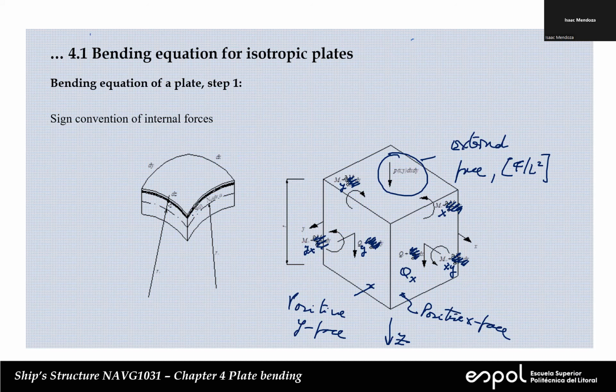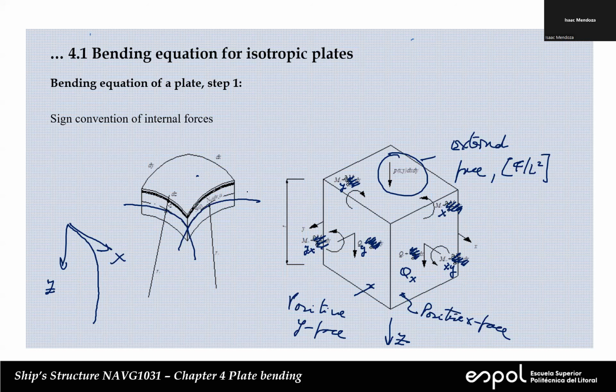Now, on the left-hand side, since this is Z, for example, this is the X direction, this is Z, this is a slope, and the slope is increasing, right? So that means this is positive curvature. That's what we're saying here: this is positive curvature in the X direction, and similarly this is positive curvature in the Y direction.